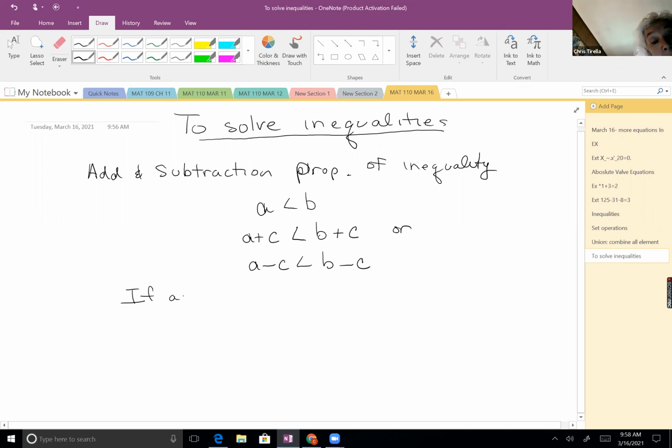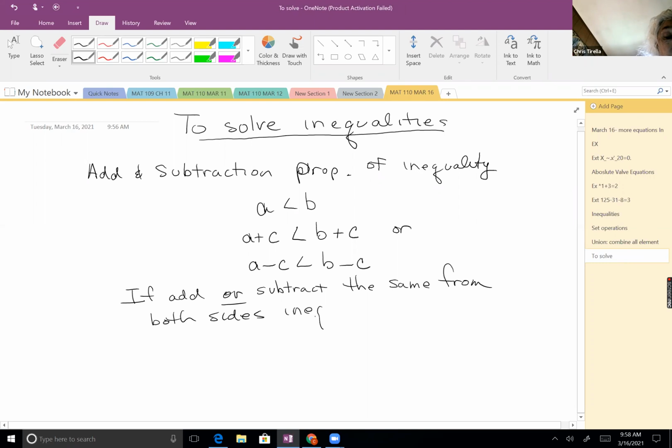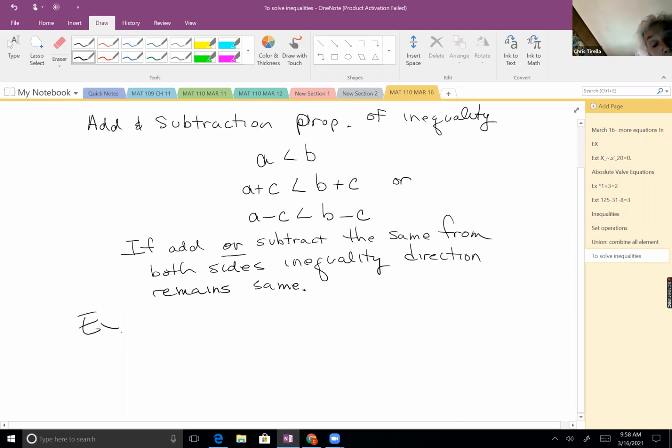So if you add or subtract the same quantity from both sides of an inequality, the direction remains the same. And so if I'm just adding and subtracting to both sides, it does work very, very much like equations.